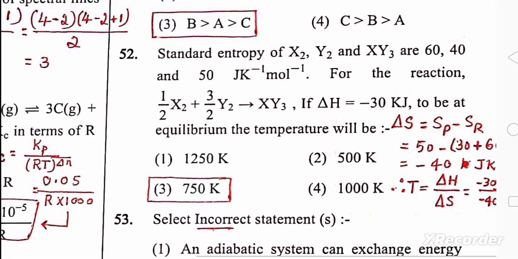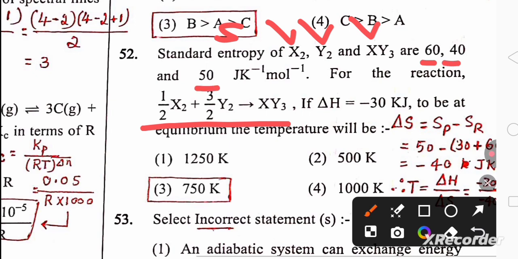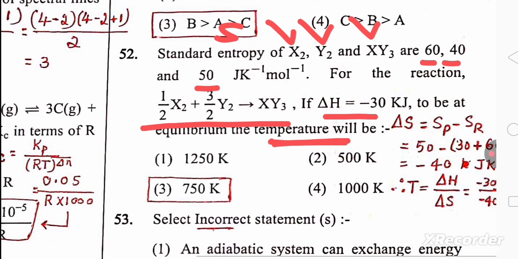So here, the standard entropies of X2, Y2 and XY3, according to this equation, are 60, 40 and 50 joules per Kelvin per mole respectively. If delta H is minus 30 kilojoules, to be at equilibrium, we need to find out the temperature.